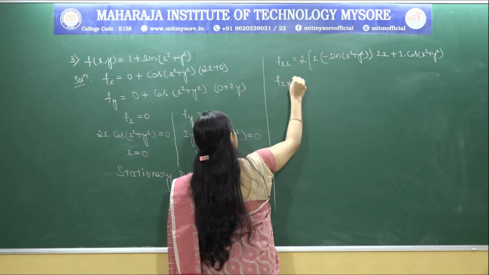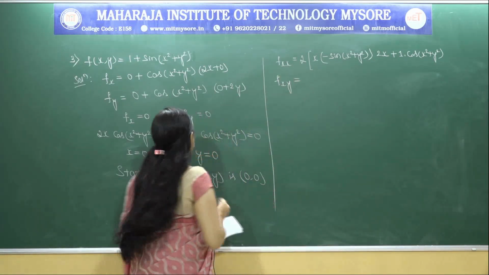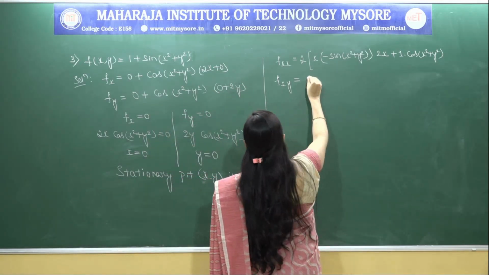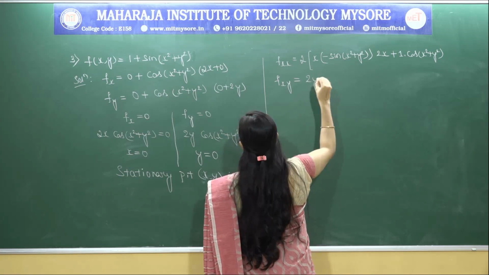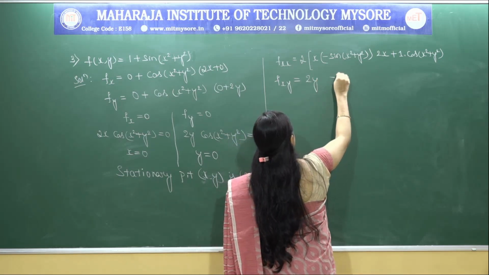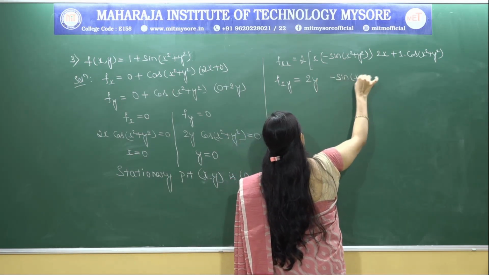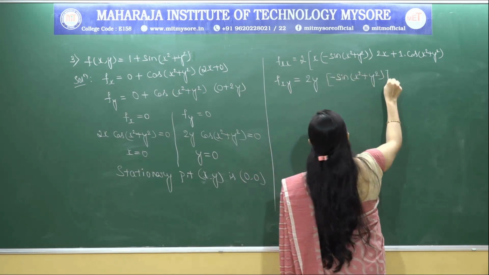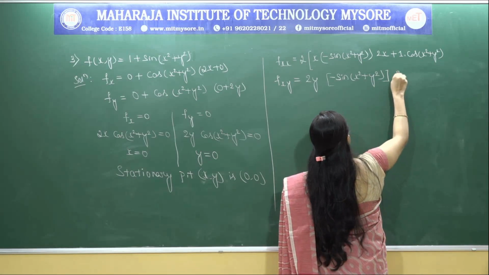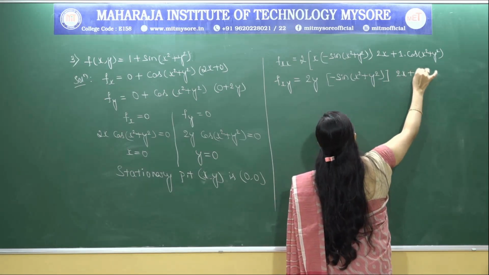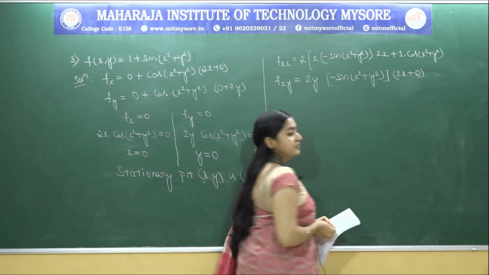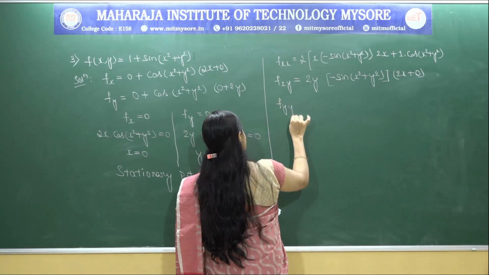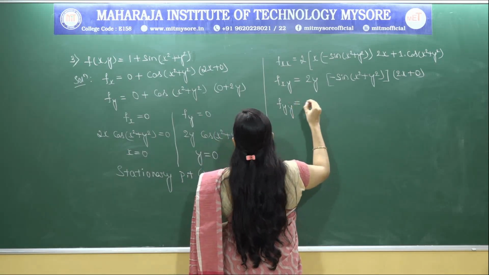Next, fxy: differentiate fy with respect to x. With respect to x, you have to keep this 2y as a constant. The cos differentiation gives minus sine of (x squared plus y squared), and the differentiation of x squared is 2x, while the y squared term is 0. Next, fyy: differentiate fy with respect to y.